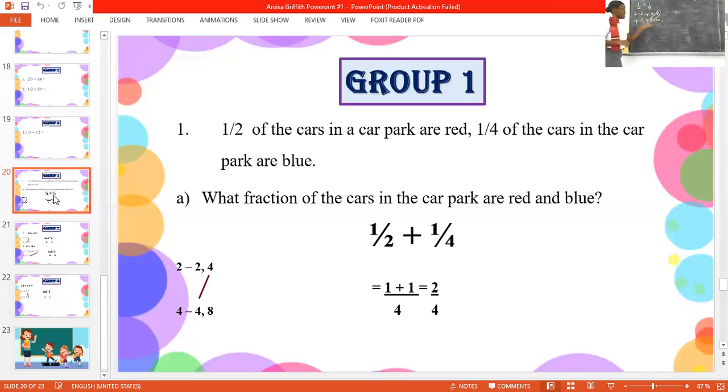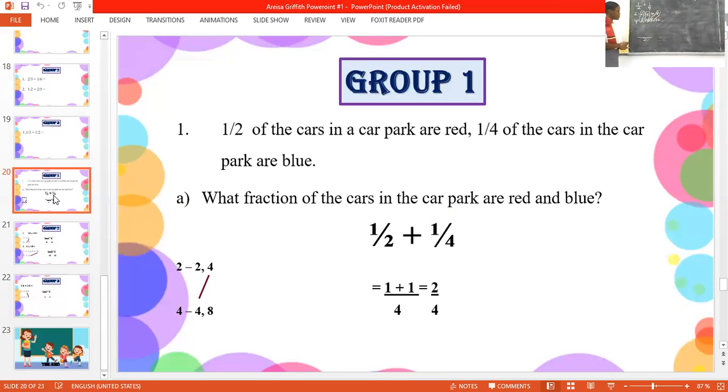Okay, so Sasha is saying 8, but somebody else is saying 2. So which one do we look at? We're looking at the least, so it's 2. Very good. And see, we also have 4 as a multiple, but we're looking for the least common multiple, which is 2. So we went on to draw our line and you put your 2.